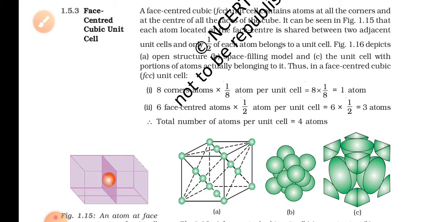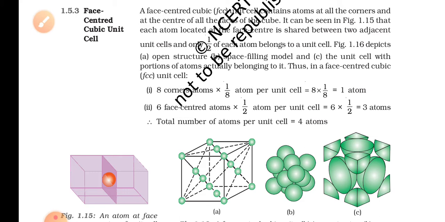As we have discussed in our earlier classes, a face-centered cubic unit cell has 8 atoms in its corners and 6 face-centered atoms at the center of each face of the unit cell.